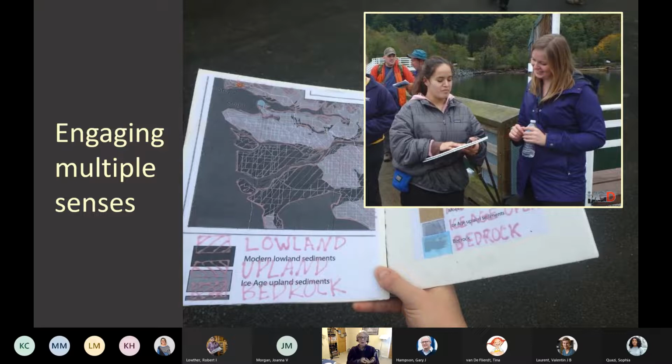One used different types of sandpaper to represent the regional geology, and another used a puffy paint effect to put different patterns on the map. Our visually impaired students really appreciated this. It gave them a sense, at each of our field locations, of where they were situated in relation to the broader regional geology. That sort of thing worked really well.